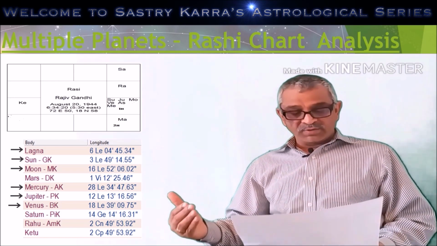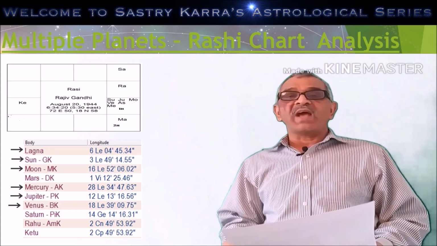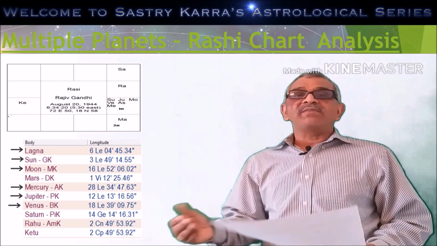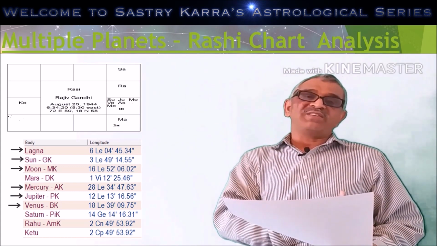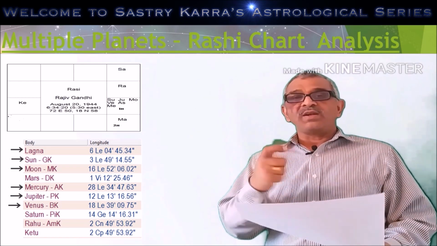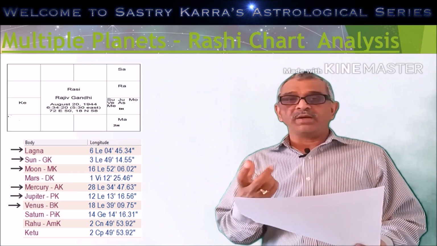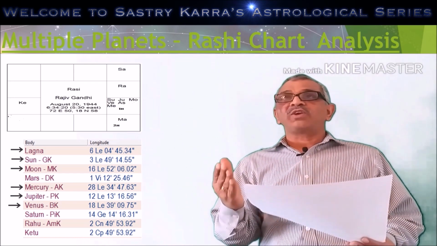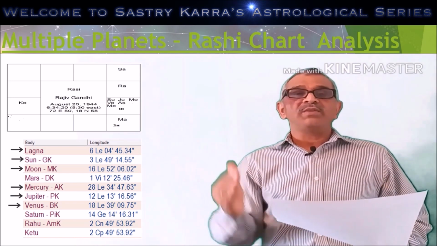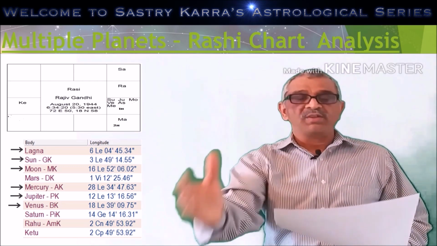The way the Sun behaves is, sometimes it behaves as if it is in the first house, and sometimes as if it is in the second house. So the role of the Sun here, if you see in the chart, is very dynamic. You cannot steadily say that the Sun is in the first house or in the second house.